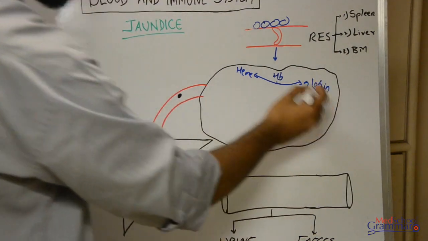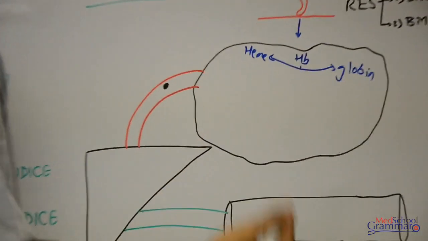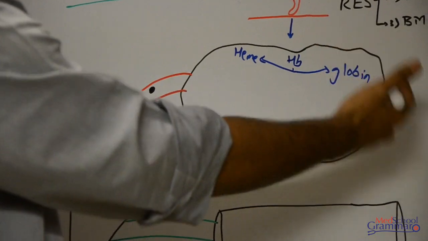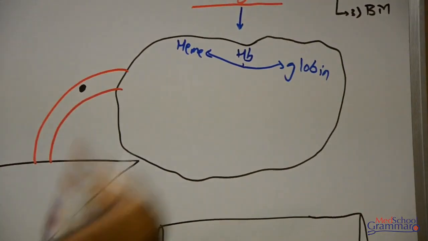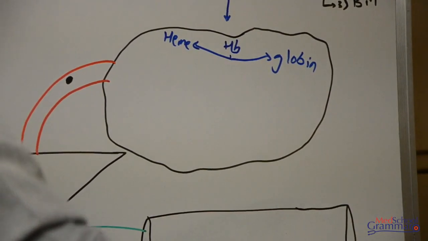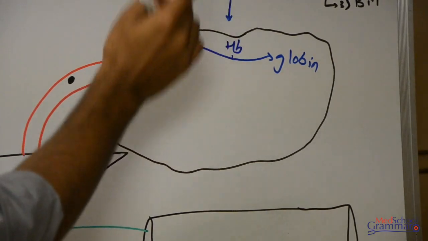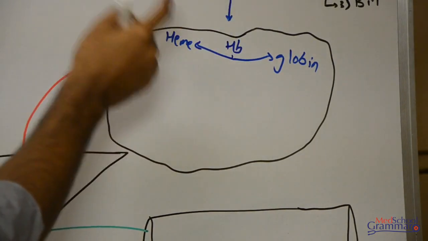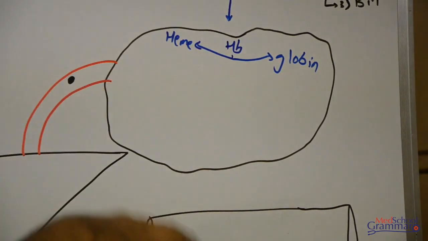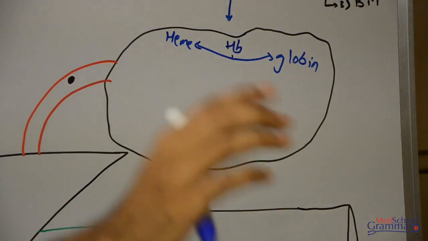Now, globin, being the protein part, can be degraded into its various amino acids, and the amino acids can undergo their respective metabolisms. Okay, coming to heme. Heme is an important precursor of bilirubin, right? Heme will ultimately form bilirubin.